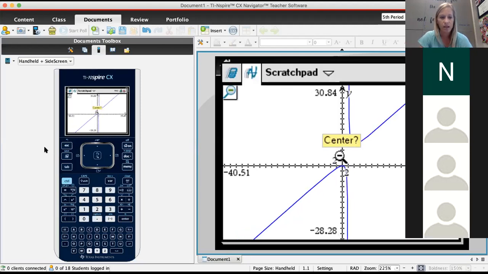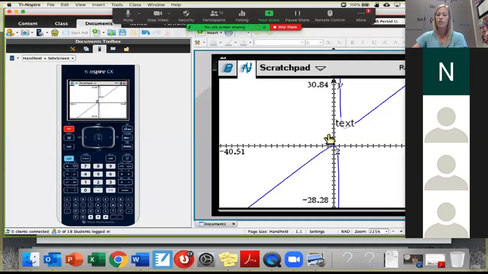Here's my graph. If I am finding the limit as x is approaching infinity, I'm tracking the part of the graph that's headed off to the right. That is this part. Where is that going to go? Infinity. Now track the graph that's headed off to the left side.